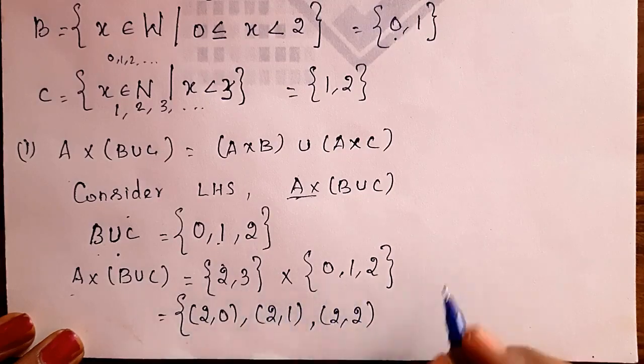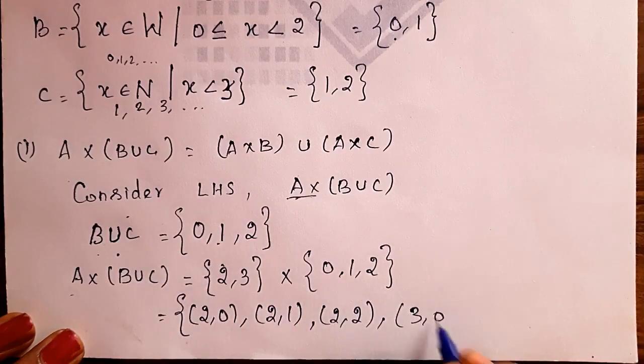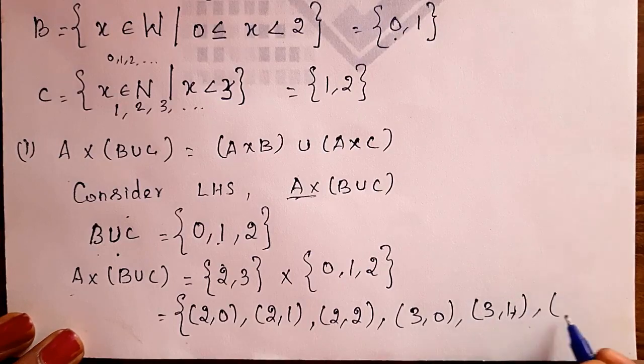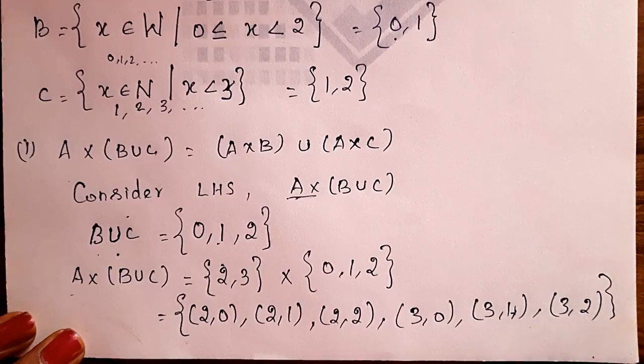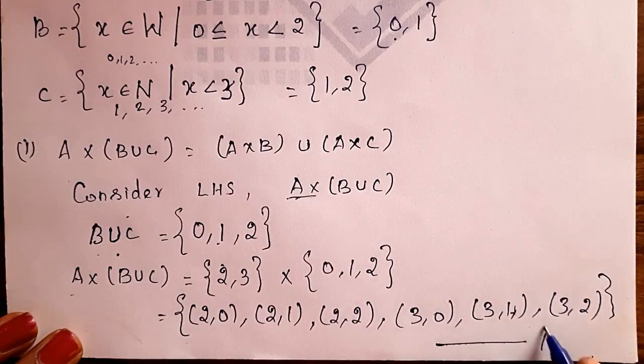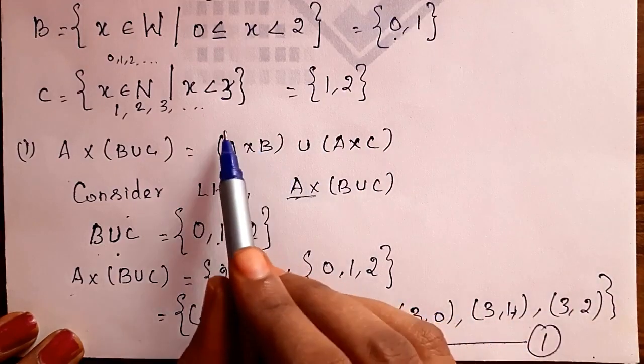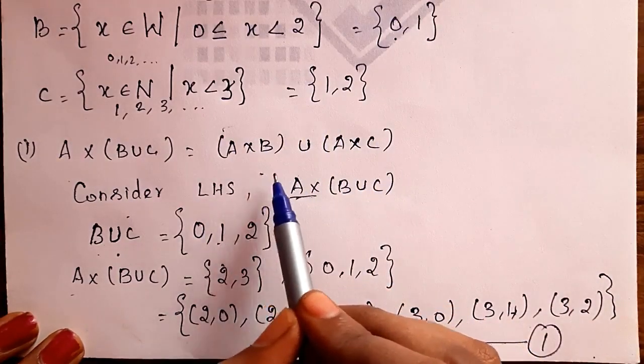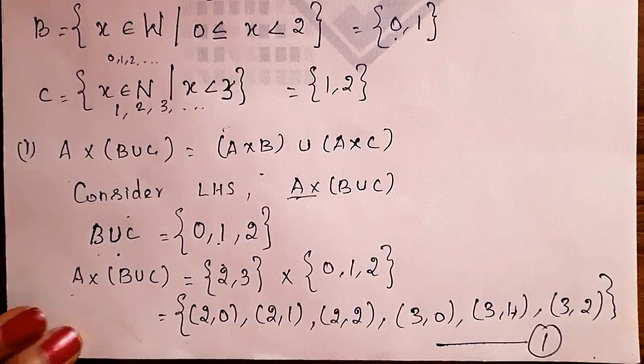Then we can connect the second element: 3, 0, 3, 1 and 3, 2. So we completed the LHS part. Take it as equation number 1. Next we can do the RHS part. Then we can verify both are equal or not.